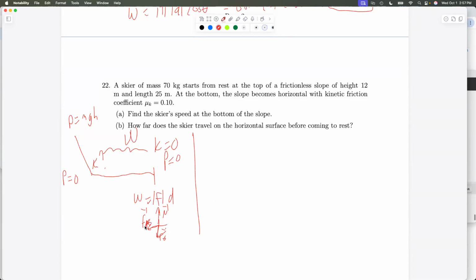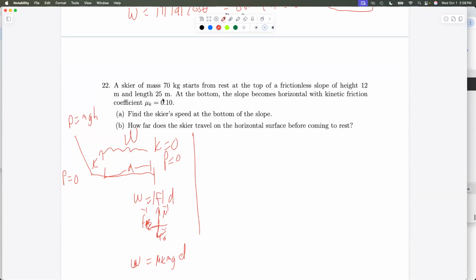And frictional force is mu times N, but N will be mg. So the work will be mu k mg times the distance, d, this distance here. Yeah, I think that's it.